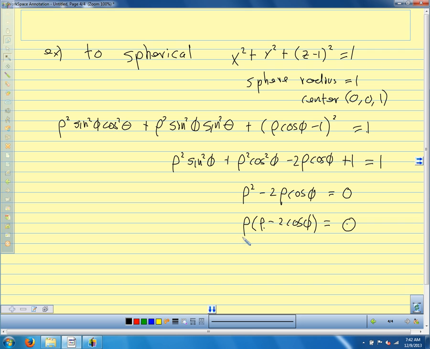On that sphere, is rho going to be 0? No. So I can divide both sides by rho. I'm not losing a solution. So I'm going to say rho equals 2 cosine phi, and we're saying rho is not equal to 0. So the equation for this sphere in spherical coordinates is rho equals 2 cosine phi.